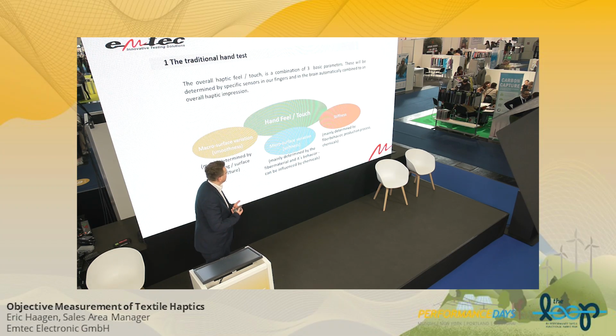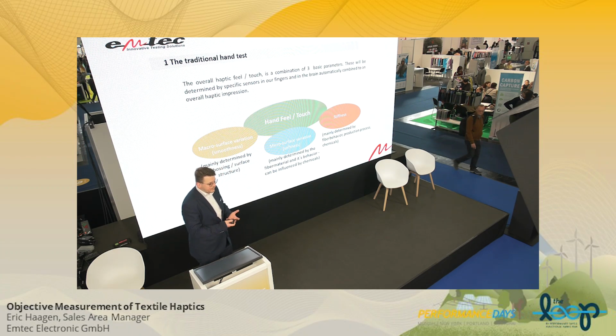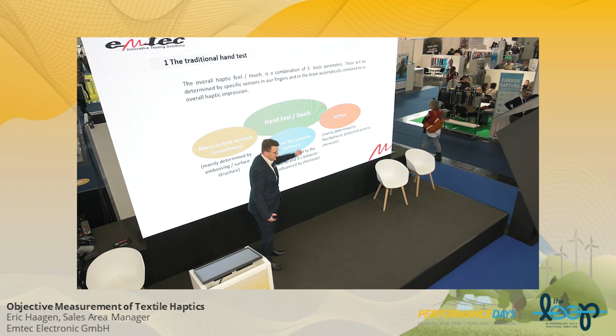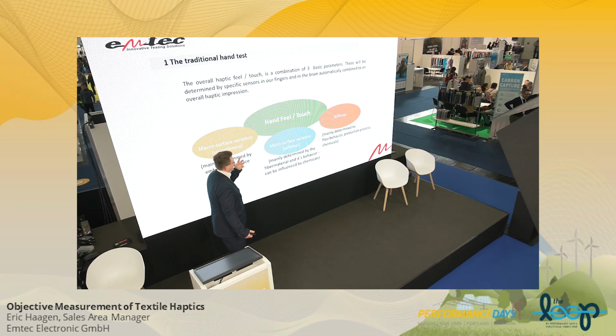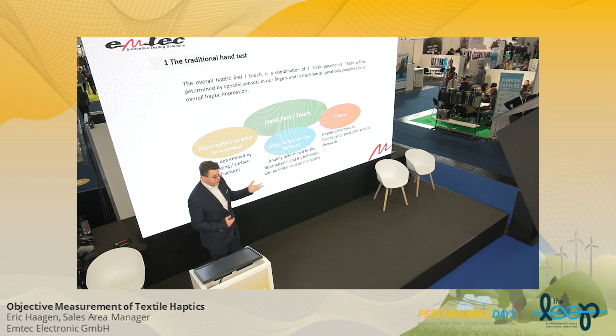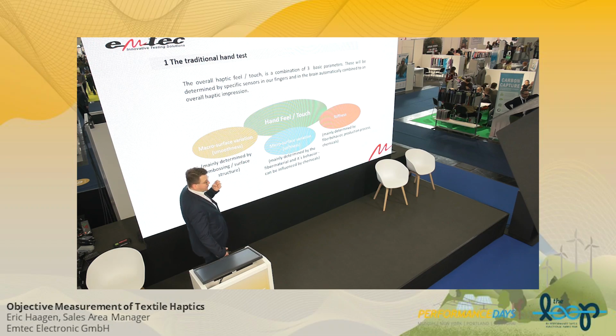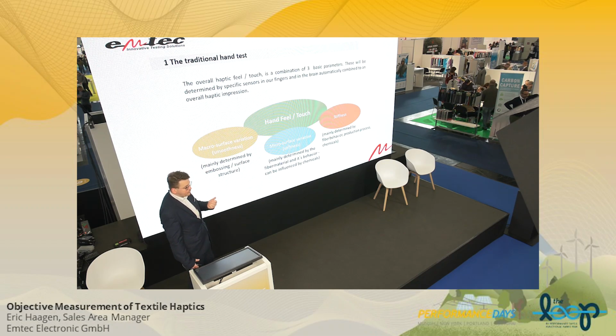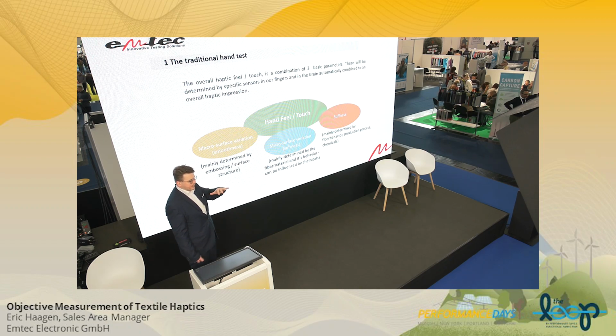First of all, the overall haptic feeling or impression is determined by three basic main values. If you touch something, this haptic feeling, good or bad, is determined by three main basic parameters. The first is the macro surface variation, or the smoothness or roughness of the surface, mainly determined by the textile surface structure, like embossing.